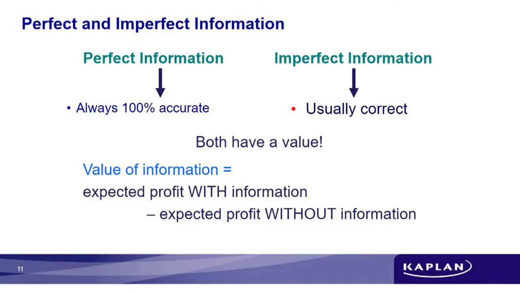Now we've got to consider perfect and imperfect information. What exactly are we saying here? We are saying there will be value for having information. Somebody who has information will tend to make the correct decision, whereas somebody who doesn't have information will heavily rely on imperfect information.